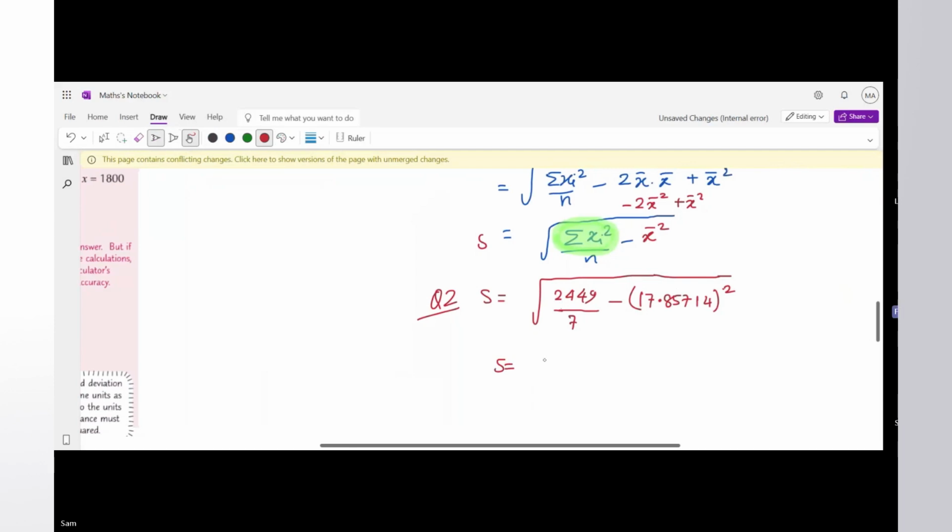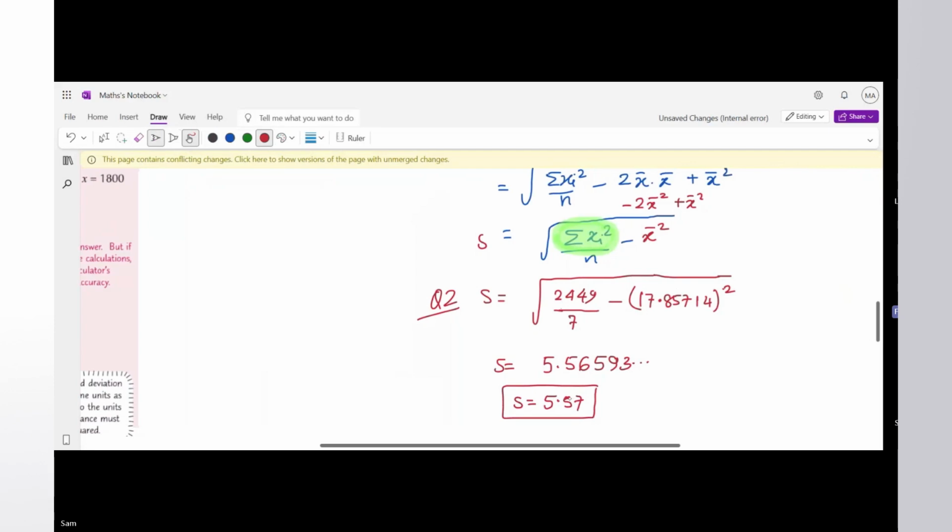You should get something like 5.56593. So we can say it is 5.57.